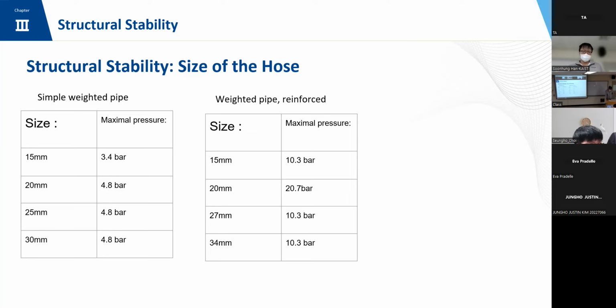According to this diagram, a 10 millimeter radius for the simple weighted pipe is the most proper size, and for the reinforced weighted pipe, the most proper size is also a radius of 10 millimeters.